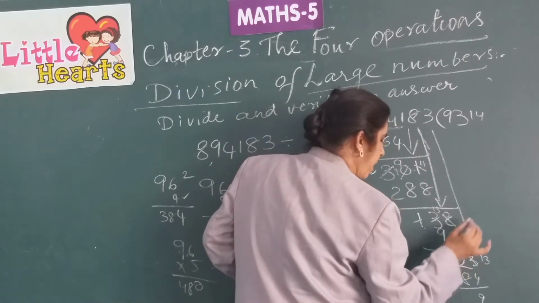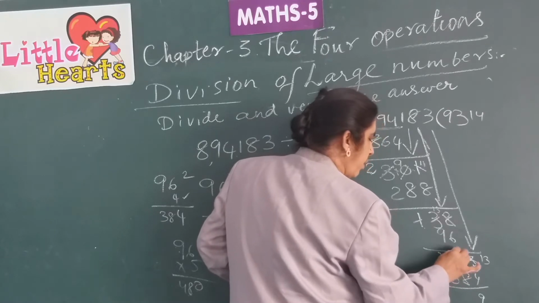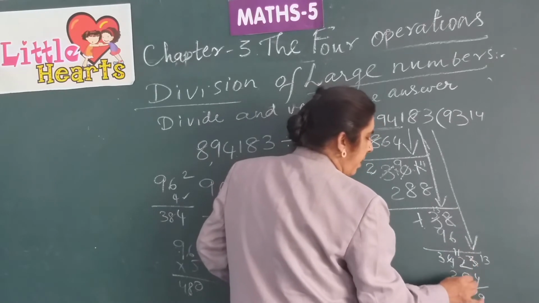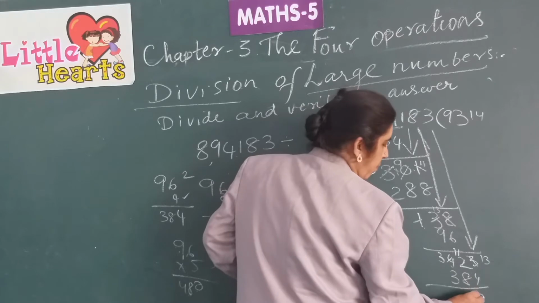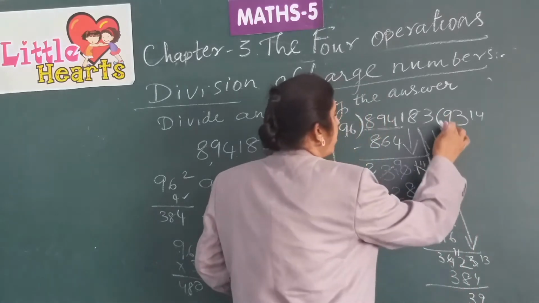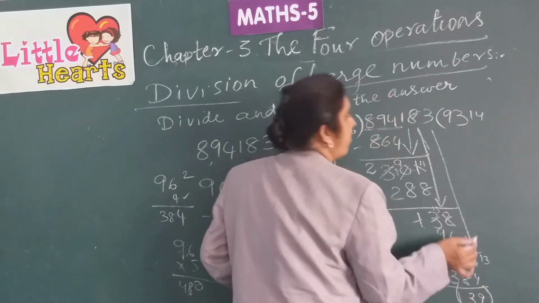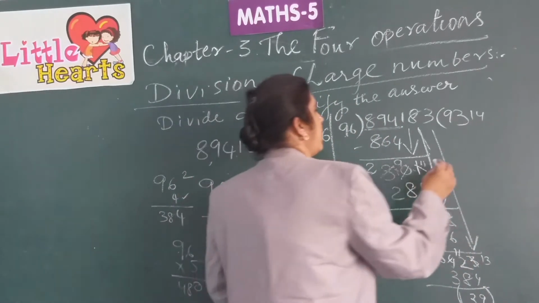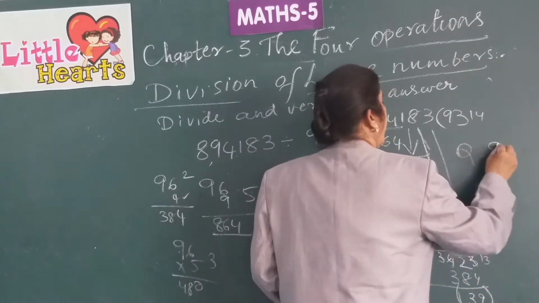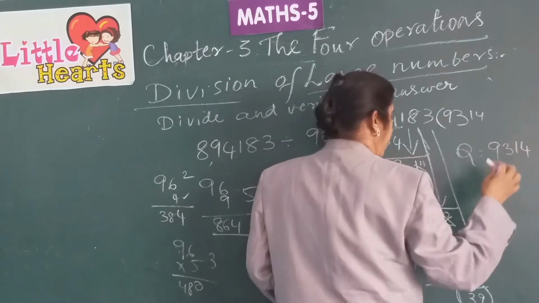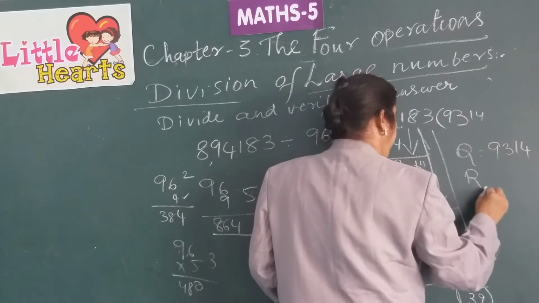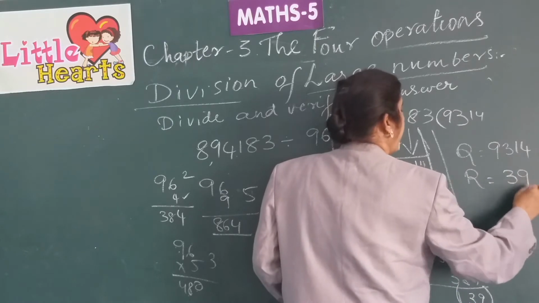This becomes 1. From here we have to borrow, this becomes 11. 11 minus 8 is 3. There are no numbers here to bring down. It is the remainder, the leftover number. So the quotient is 9314 and the remainder equals 39.